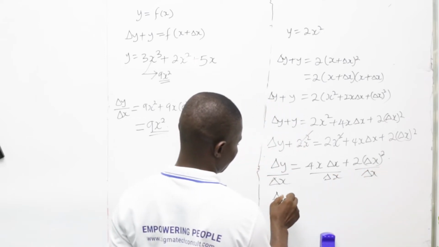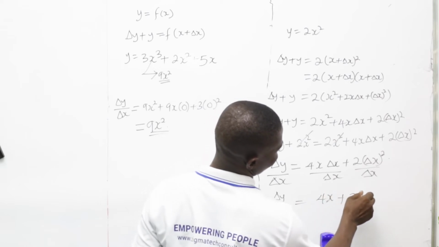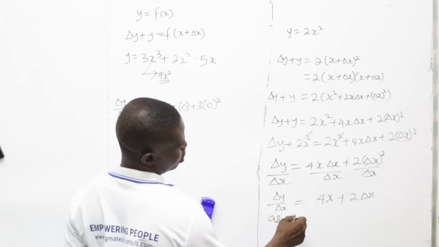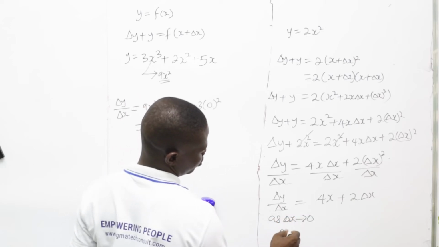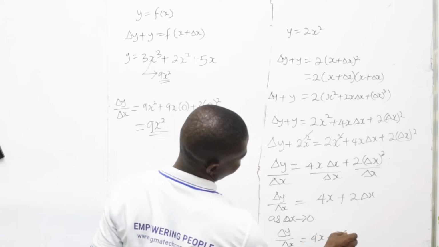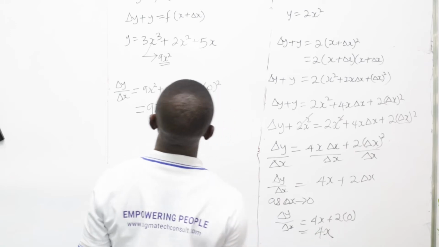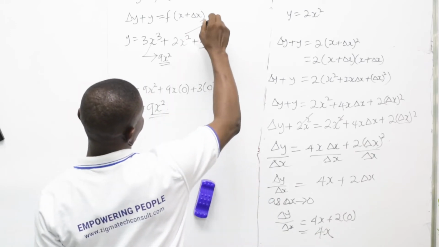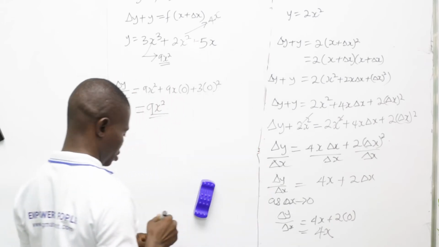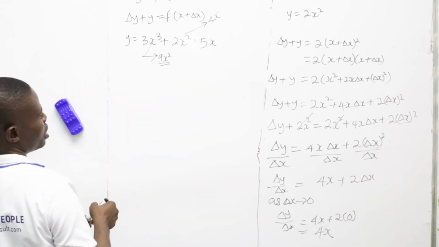This will now give us that dy over dx equals 4x plus 2 change in x. As change in x approaches 0, dy over dx equals 4x plus 2 times 0. So the answer is 4x. You come to this place, you know that 2x squared when differentiated is 4x.